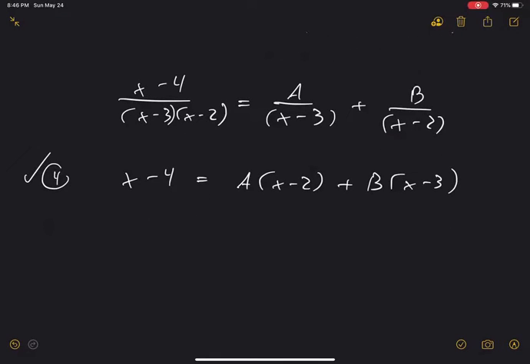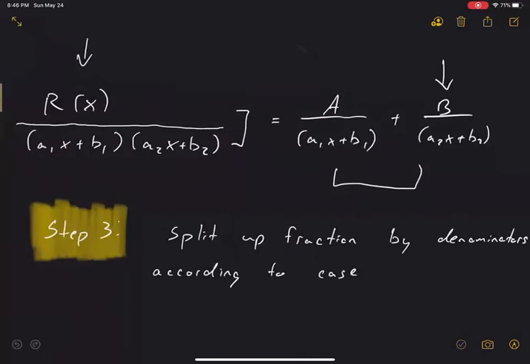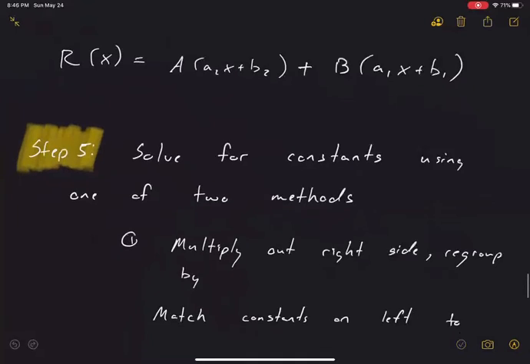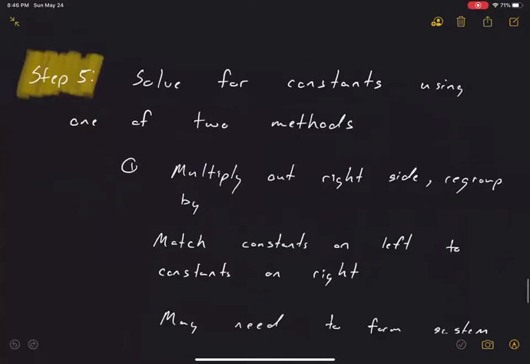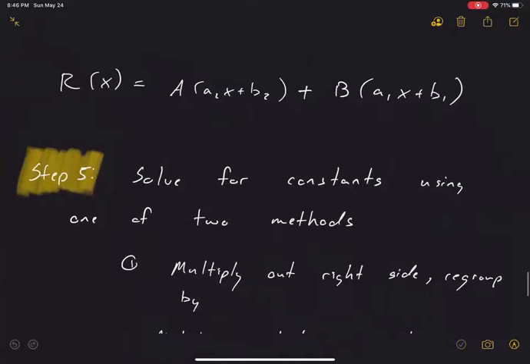All right, so now let's go back to our other file and see what step 5 says. We want to solve for the constants, and we've got 2 ways to do this. First way is to multiply out. Multiply everything out on this right side, and then group all my terms together by power of x.